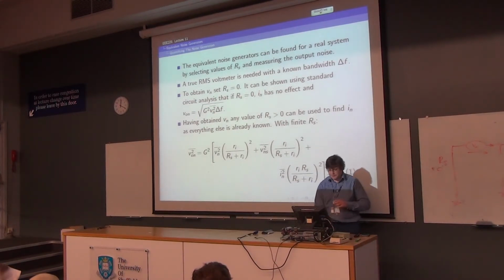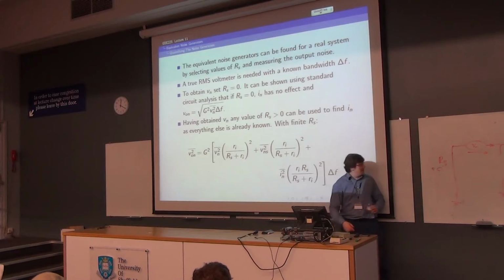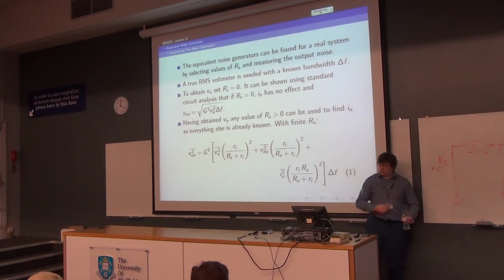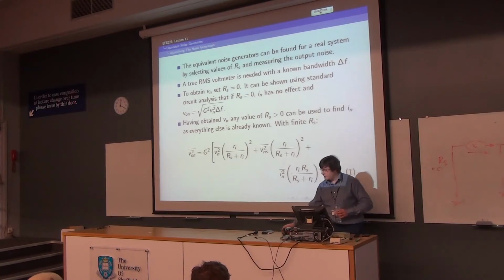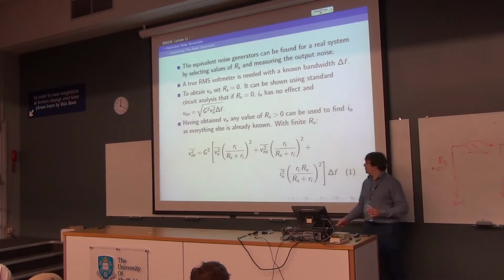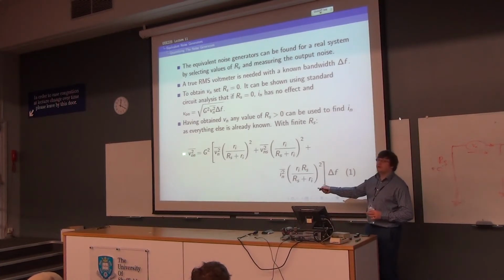Happier. I'll take happier. Anyway, if you put in all the sources and you decide to make a big equation, the big equation that you will arrive at, assuming you've done it right, is this one here. So you've got the output noise mean squared is gain squared times noise voltage amplifier potentially divided between Ri and Rs and Ri, all squared, because we're going to have the squared answer.